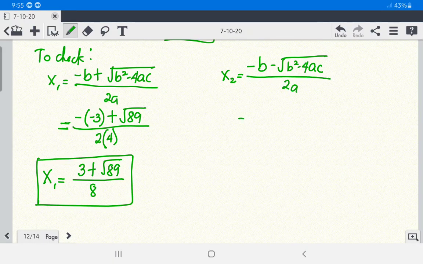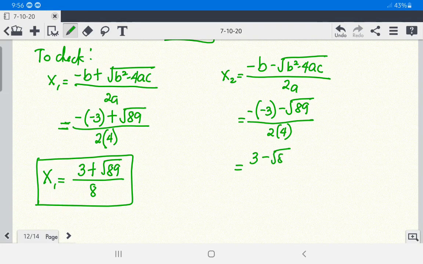Again, we have negative of negative 3 minus square root of the discriminant is 89 over 2 times 4. The value of a is 4. The negative 1 times negative 3, we have positive 3 minus square root of 89 over 2 times 4, we have 8. So this is the second root or the second solution.